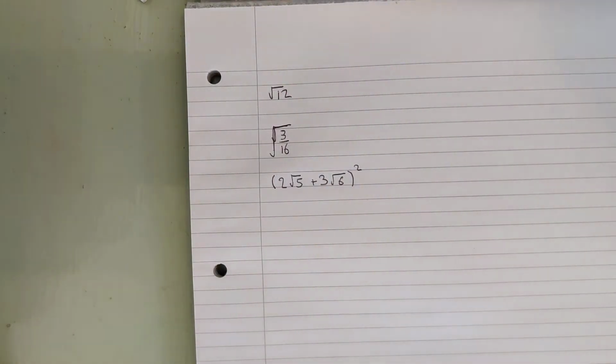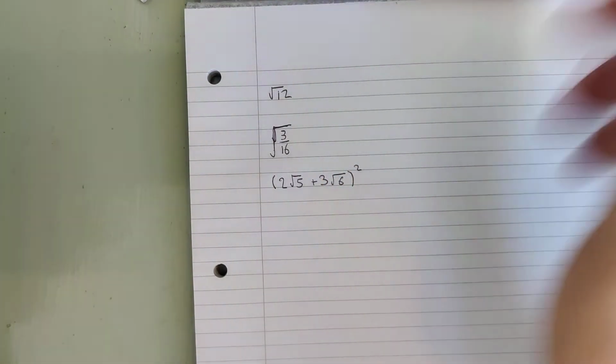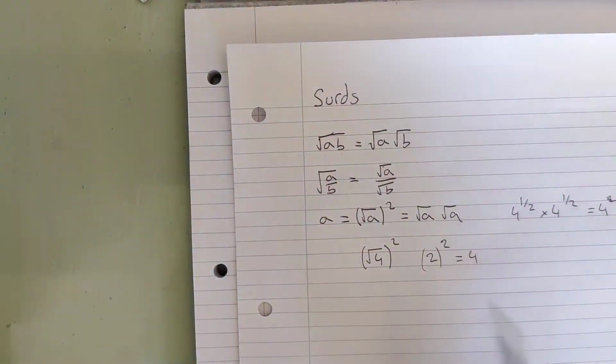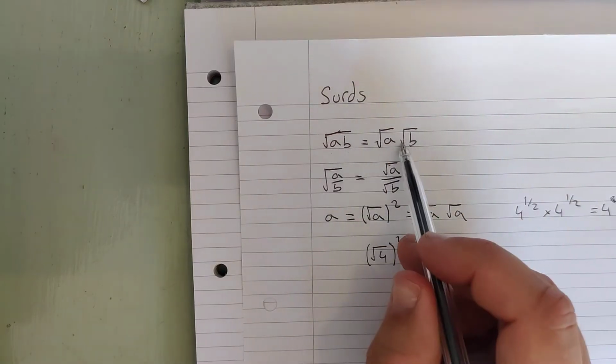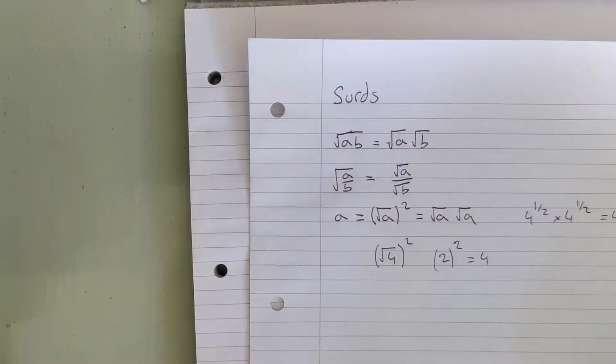So here's 3 examples. So, square root of 12, you know that you can break things up. You can break things up inside the brackets like that.